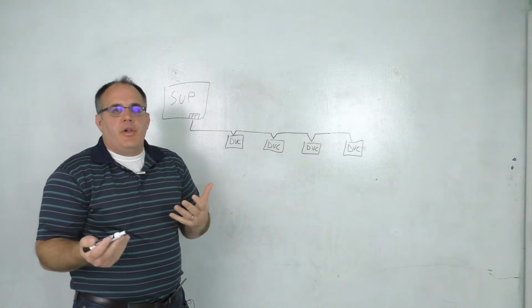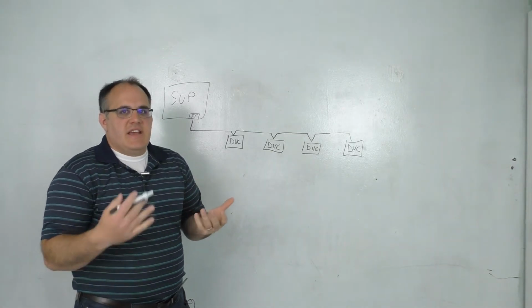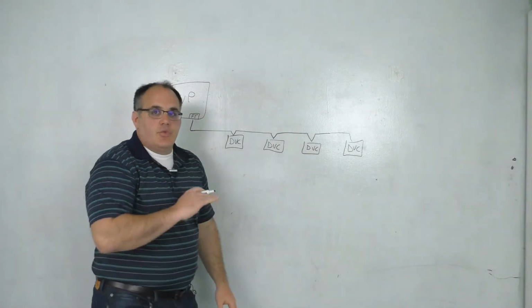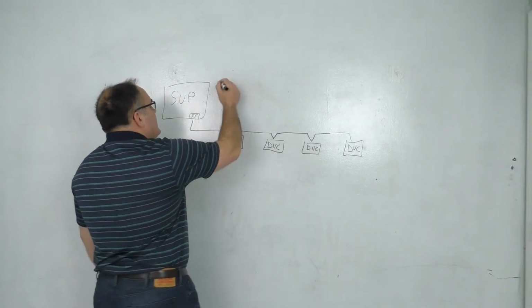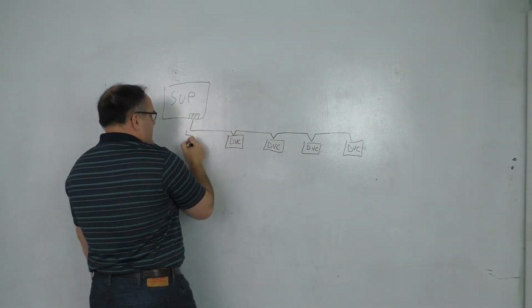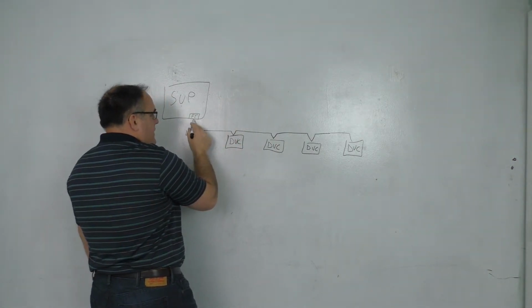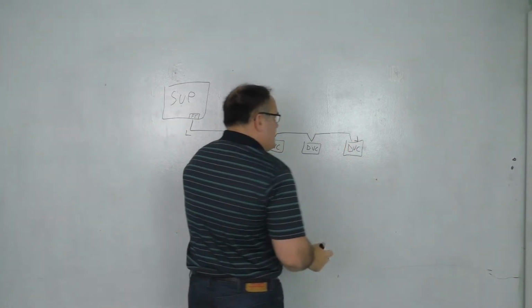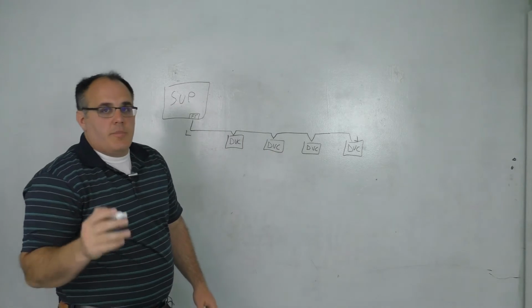Now, there are a couple specifications and technical things related to BACnet, and we'll go through those real quick because it's pretty straightforward. Each segment, from the beginning of the bus to the end of the bus, not counting repeaters.